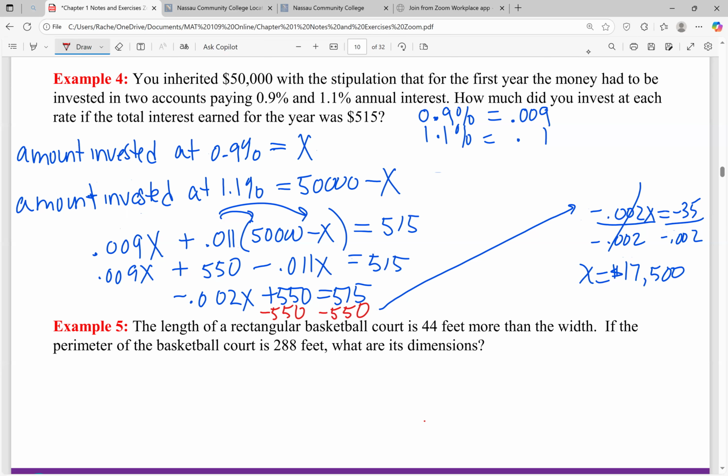So the question is, how much did we invest into each account, right? So in the first account, we invested $17,500.